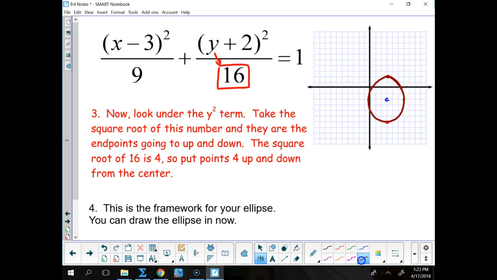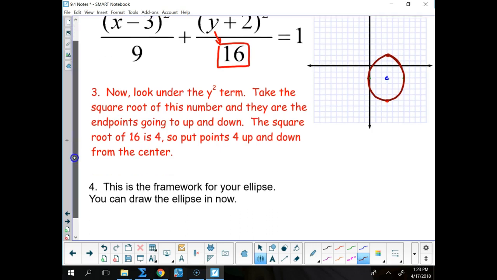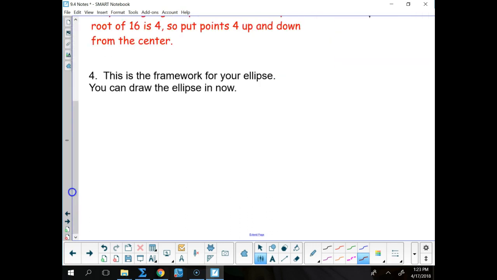Okay? And now we can answer a few extra questions. The first extra question that we can answer is, which one is the major axis? In this case, is our horizontal axis or our vertical axis the major axis?